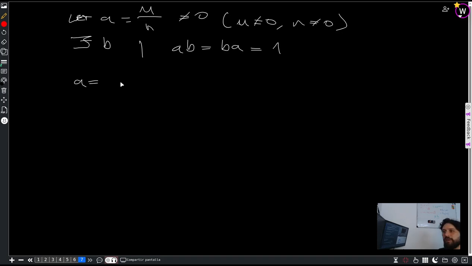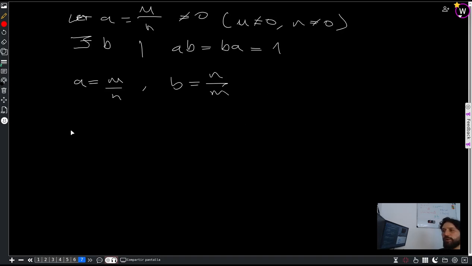We know that a is m over n, right? We can also imagine that we have the number b like n over m. Does this sound familiar? If you notice, this is basically the multiplicative inverse.